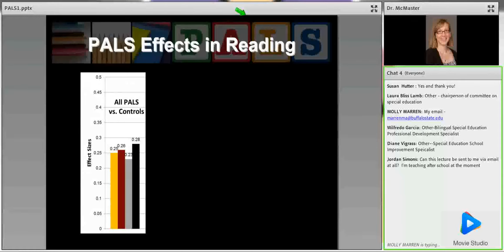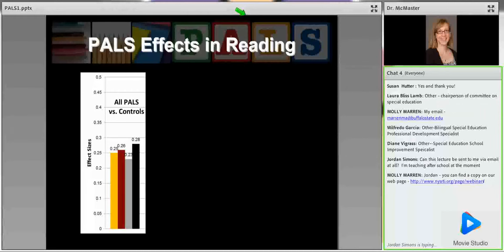This study was conducted around 2007 to 2009. What we had in that study were teachers across all 3 sites who were randomly assigned to either be PALS teachers or control teachers. They did PALS for 2 years, and this is the 2nd year of data.